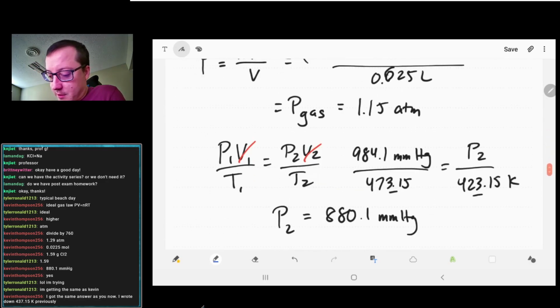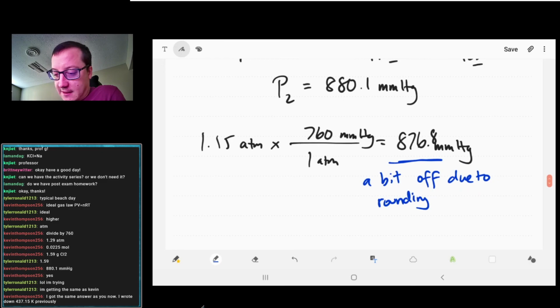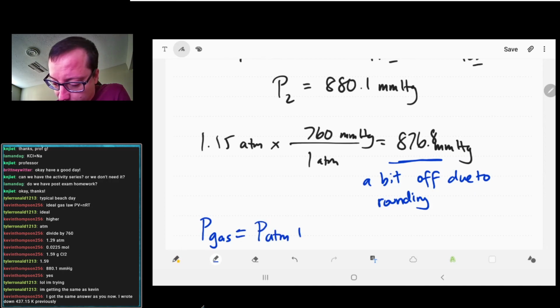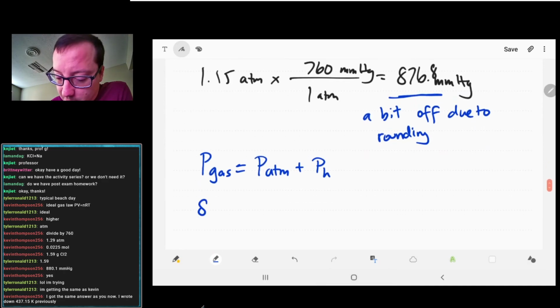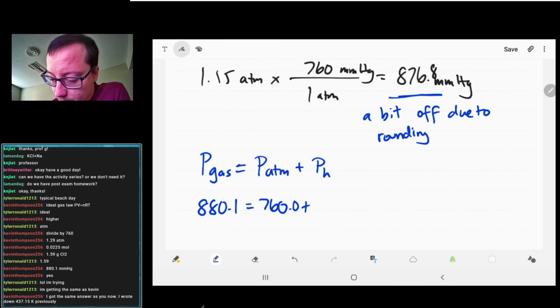There's our proof, right? So if the pressure of the gas is, let's say, 880.1. Remember, that's the pressure of the atmosphere plus the pressure of the height difference between them. So 880 equals 760 plus the pressure difference.